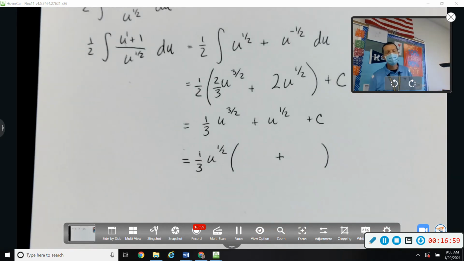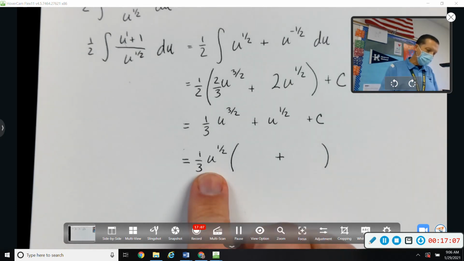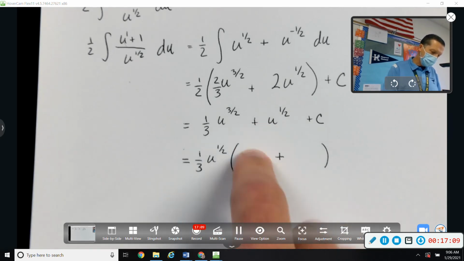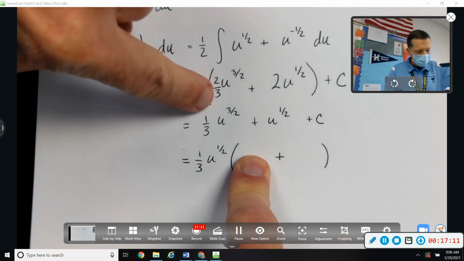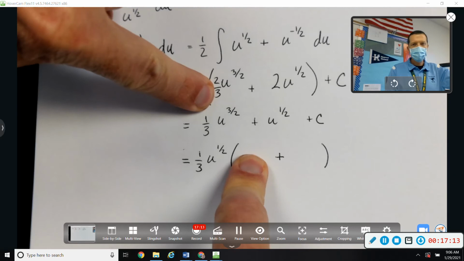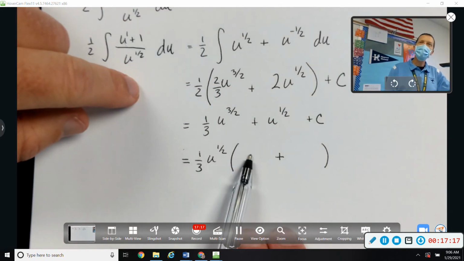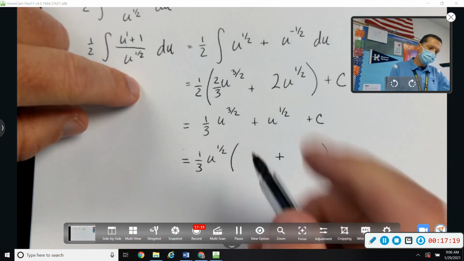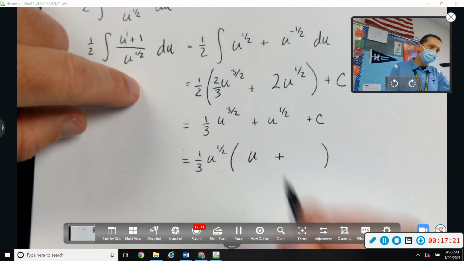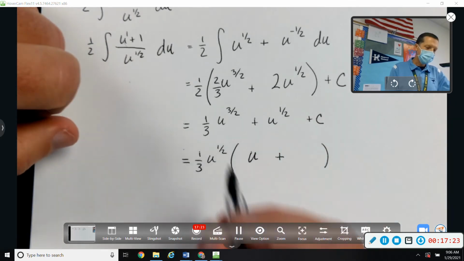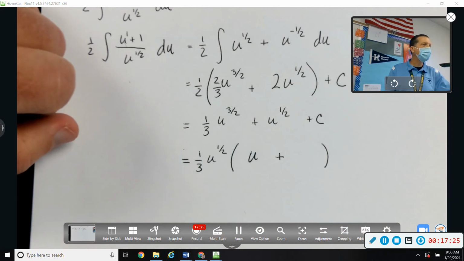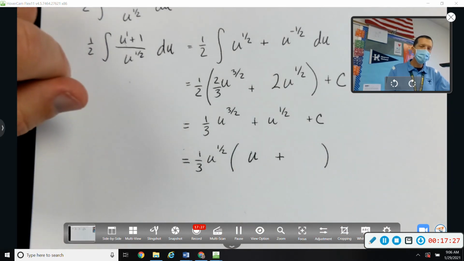Now I need to figure out what goes in the blank. I need 1/3 u to the 1/2 times something to give me 1/3 u to the 3/2. So what needs to go in this first blank? u to the first, because 1/2 plus 1 will give me 3/2, and the 1/3's taken care of.